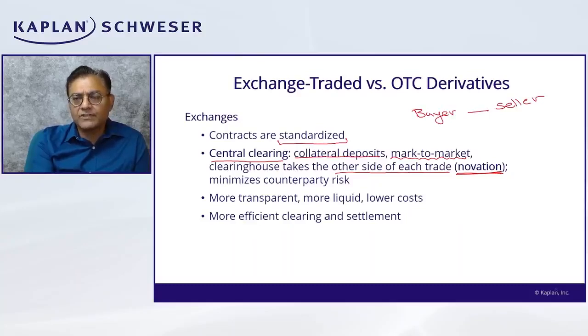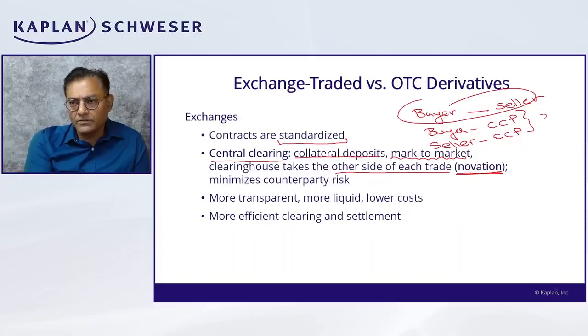Well, that contract is broken up and the buyer will then trade with the central clearing, and the seller will similarly enter into a separate contract. So a single contract is broken up into two separate contracts, and the clearinghouse becomes the risk taker to ensure that both the buyer and the seller conform to the terms of the contract.